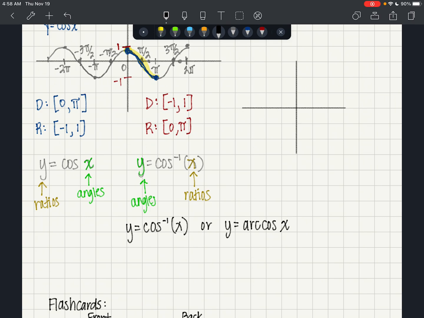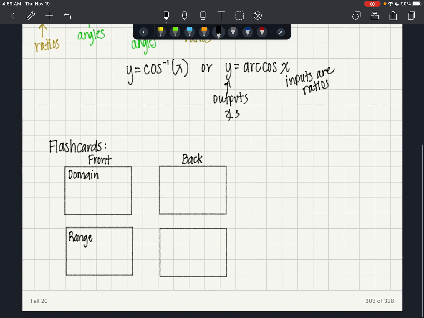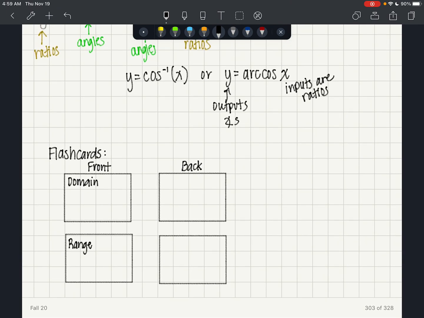Our inputs are ratios, and our outputs are angles. Now I would make some flashcards to remember the domain and range, because that's going to be really important.